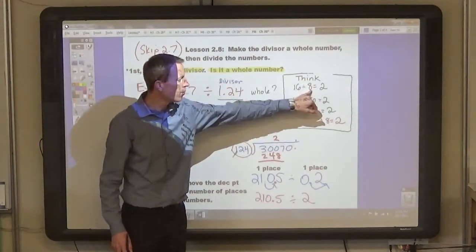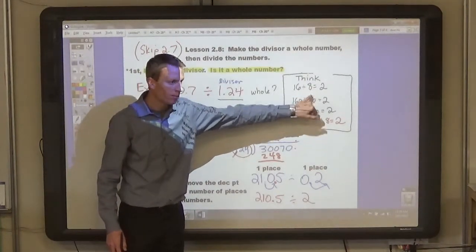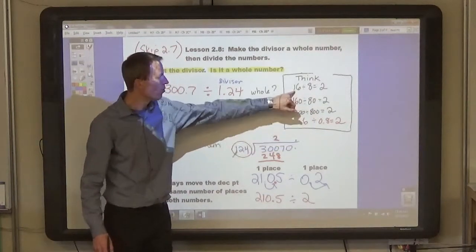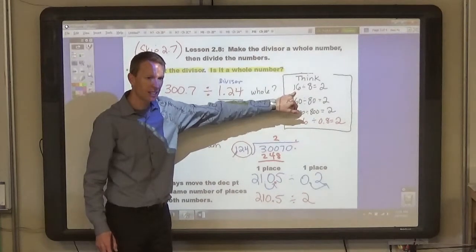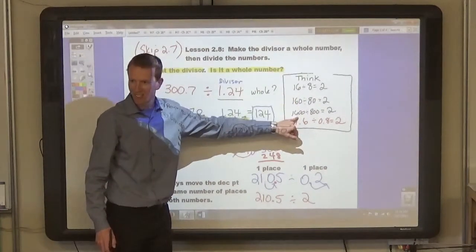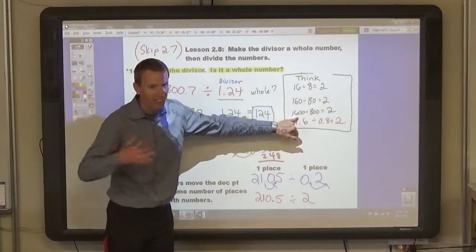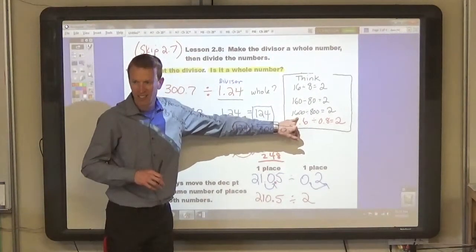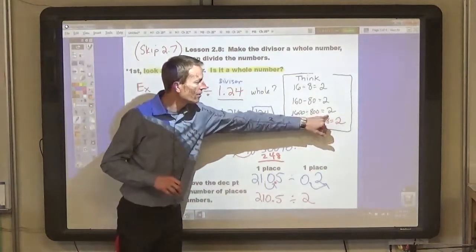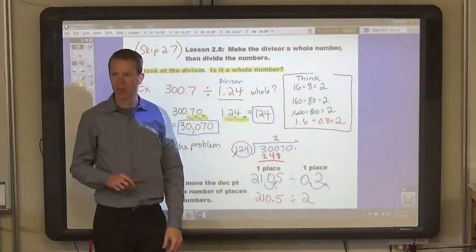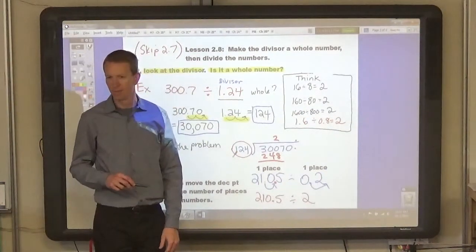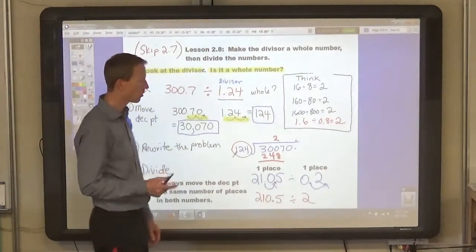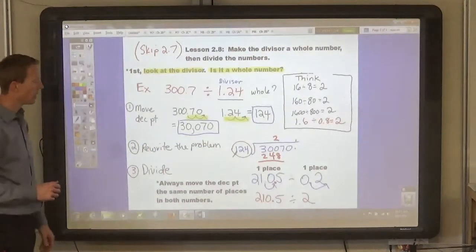If we move the decimal point from 8 to make 800, then you'd have to move the decimal point from 16 to get 1600. Does it change the answer? Or is the answer the same? The answer is the same, and that's why it works. Because we get the same answer.